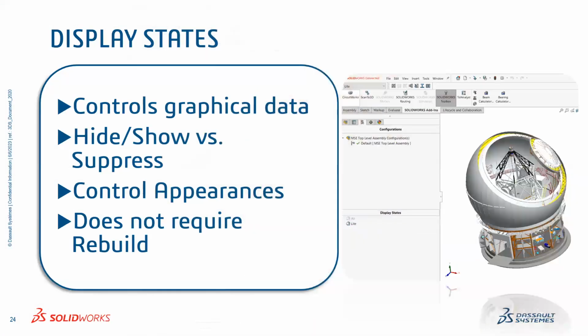So let's take a second good technique, the display state, which I told you about earlier as well. If you use the display state, you can minimize the complete assembly all the time based on people's expectation. You can make your own display state, and it controls your complete graphics data.